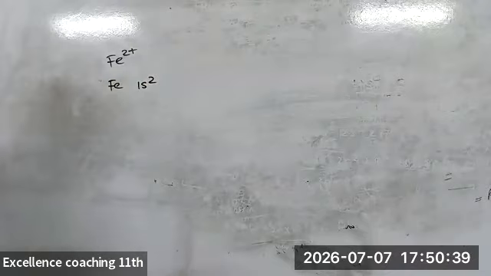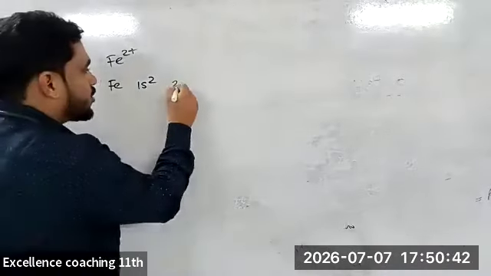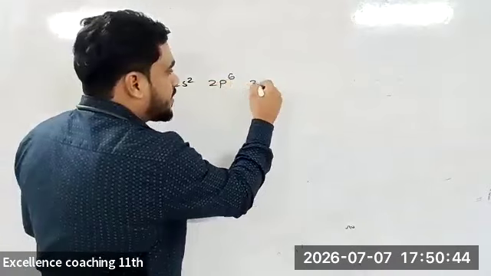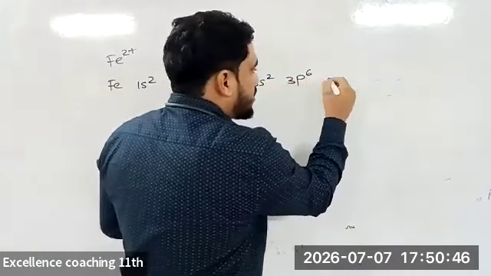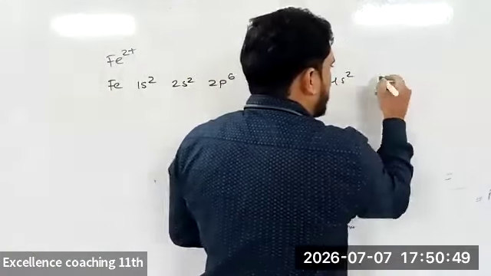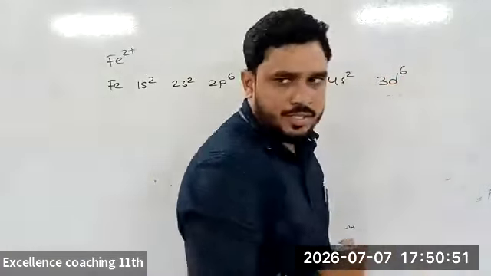Fe plus 2, Fe first. Fe: 1s2 2s2 2p6 3s2 3p6 4s2 and 3d6.